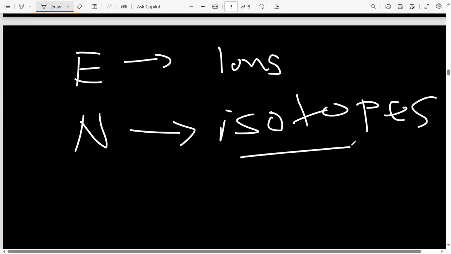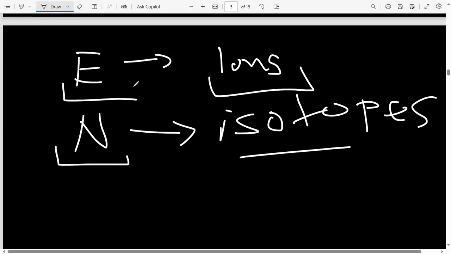Take note of that. Isotopes mean you're dealing with the neutrons. If you're forming an ion, it means you are dealing with the electrons. The electron can move from one atom to the other. Take note of that.